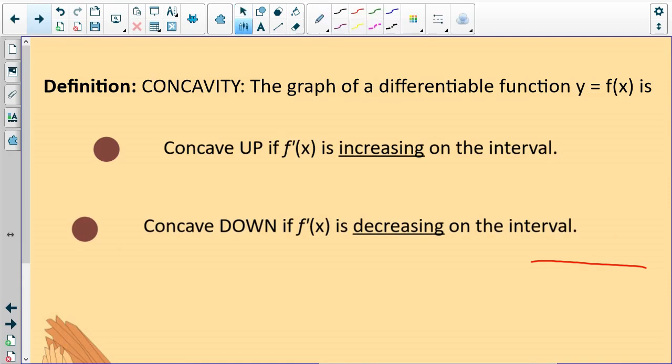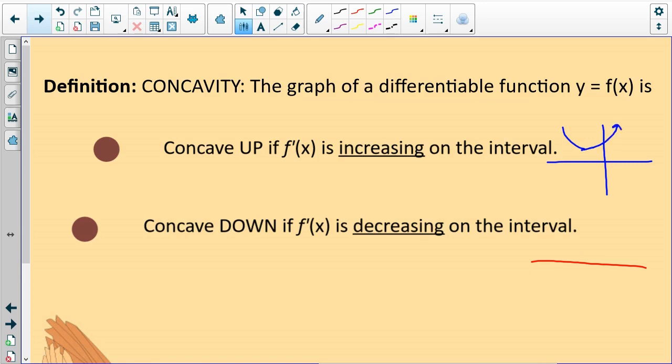If f prime is increasing, that means that the slopes of my tangent lines are getting more positive. So if my function is decreasing and my slopes are getting more positive, that means that my slopes are kind of leveling off.